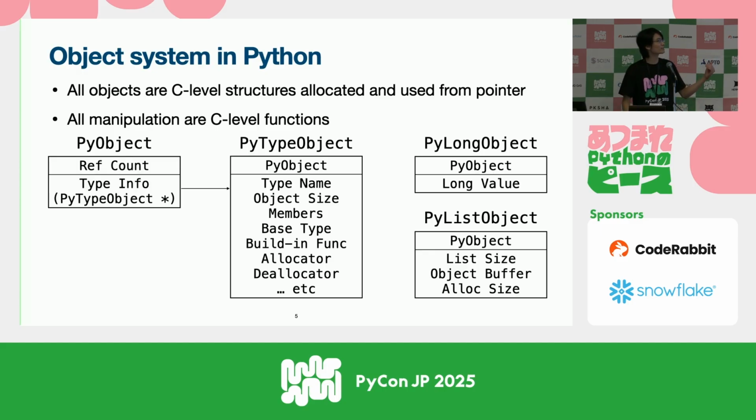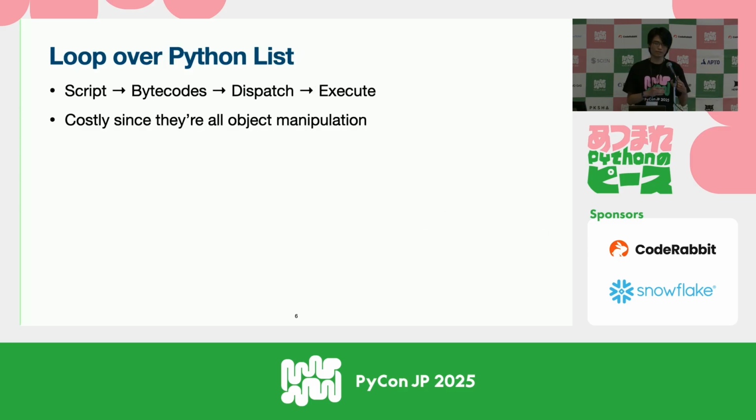So from this schematic, we can know that if we want to do any operation in Python, we need to first extract the value out from this structure, then do the operation, then store it back to the object. So it can be relatively slow. And if we loop over a Python list, we have to know that the Python script will always first be interpreted into bytecode, then dispatched and executed.